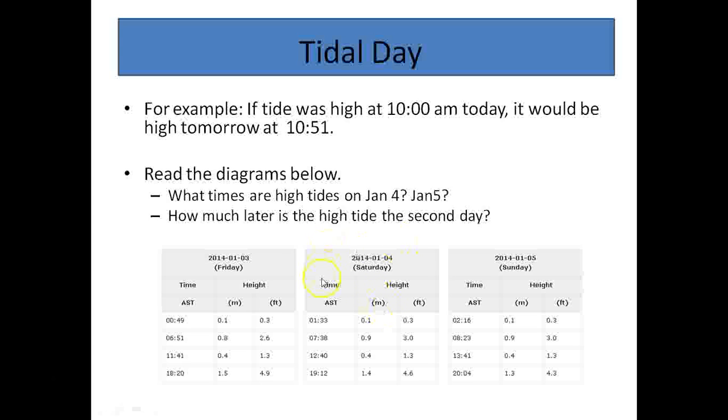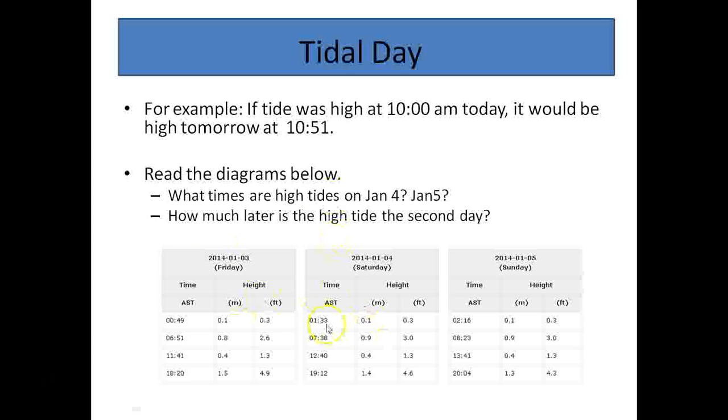So if you were reading a tidal table, they come in different formats, but if I were looking at this one, the tidal chart for January 4th of last year, these heights are based on the height above the average low-level water level.